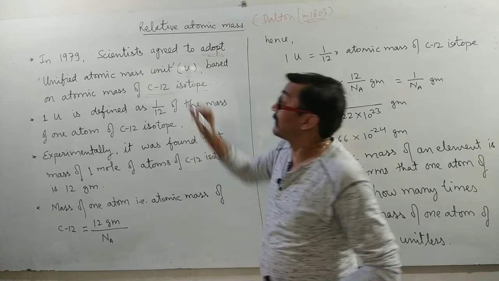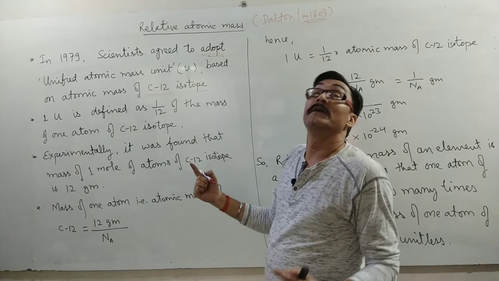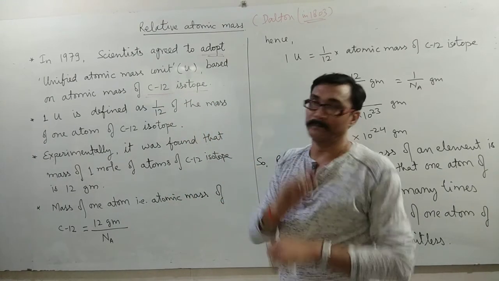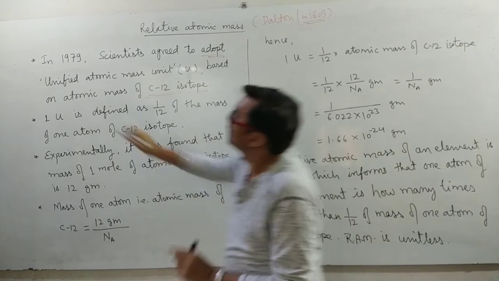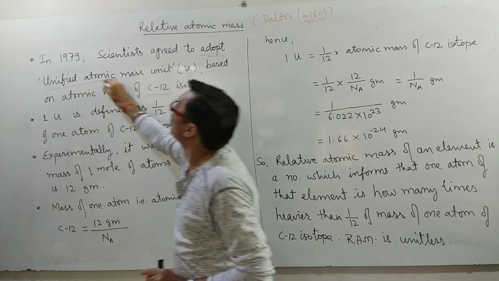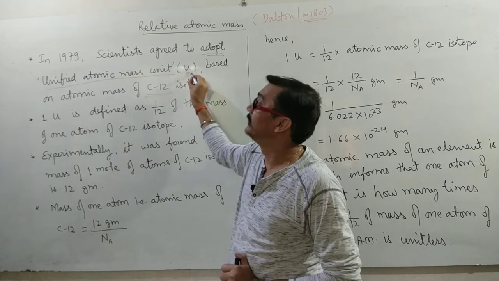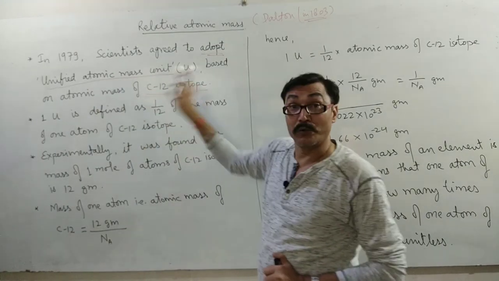That is, relative atomic mass is now compared by the mass of carbon 12 isotope, and they use the unified atomic mass unit, symbol U, based on the atomic mass of carbon 12 isotope.